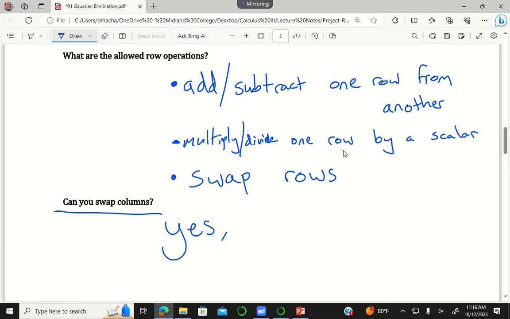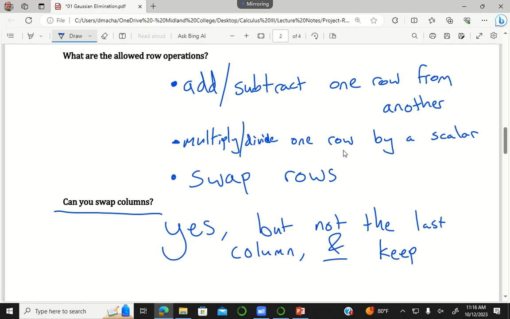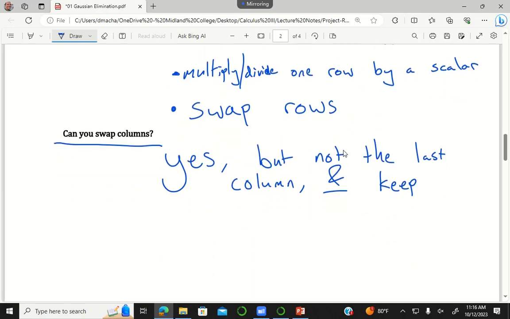So the answer is yes, but not the last column, because you always want the last column to be your constant. And if you choose to swap the columns like the x's and the y's, you have to keep track of the order of your variables.